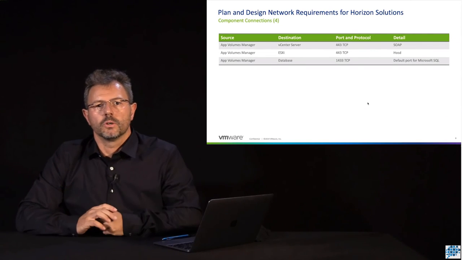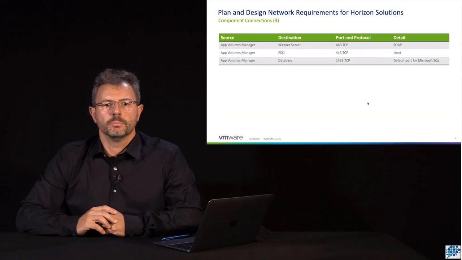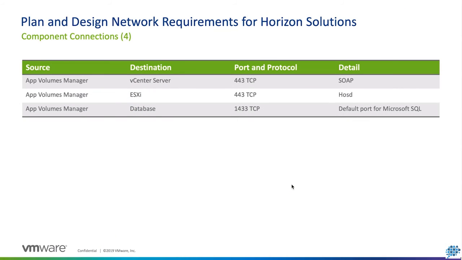The next topic we are talking about is App Volumes Manager. You will see that the App Volumes Manager to the vCenter and the ESXi hosts is only talking about port 443. But the App Volumes Manager needs an SQL database where it's persisting its configuration data.